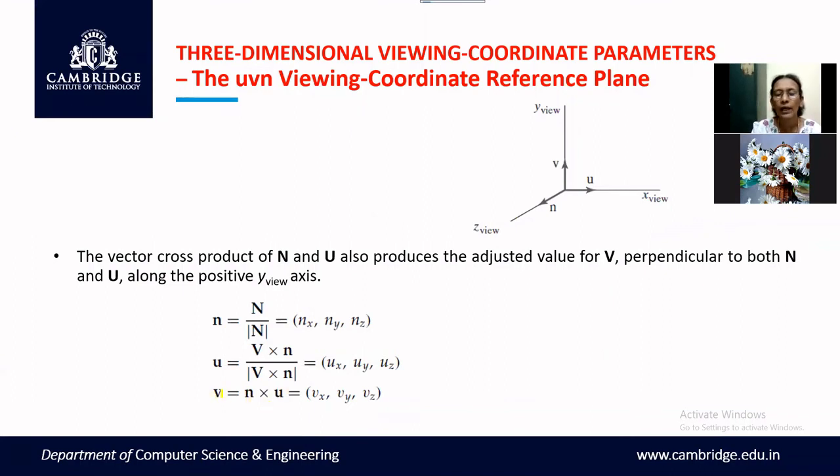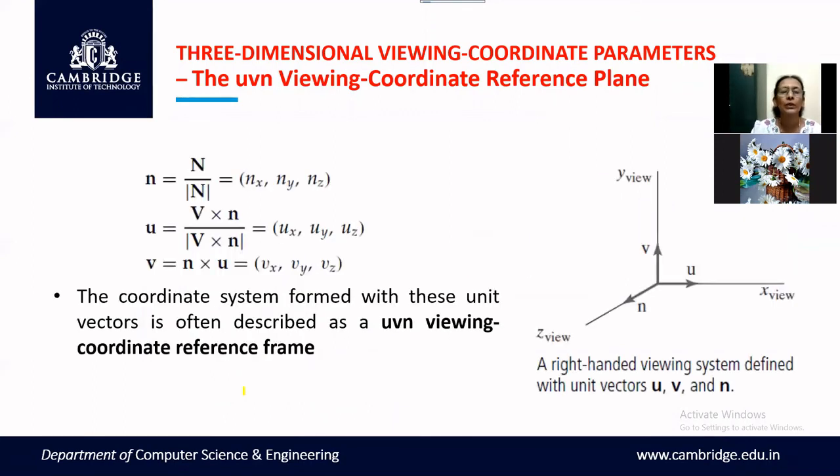This is your corrected view up vector. So now we have defined 3 unit vectors that are mutually perpendicular to each other. One, the normal vector along the z view axis, the u vector along the x view, and the v vector. Now u, v, and n are mutually perpendicular, and they define the viewing coordinate reference.